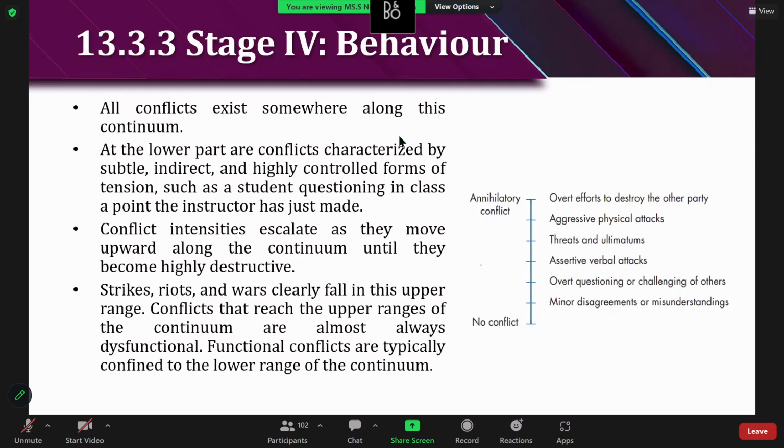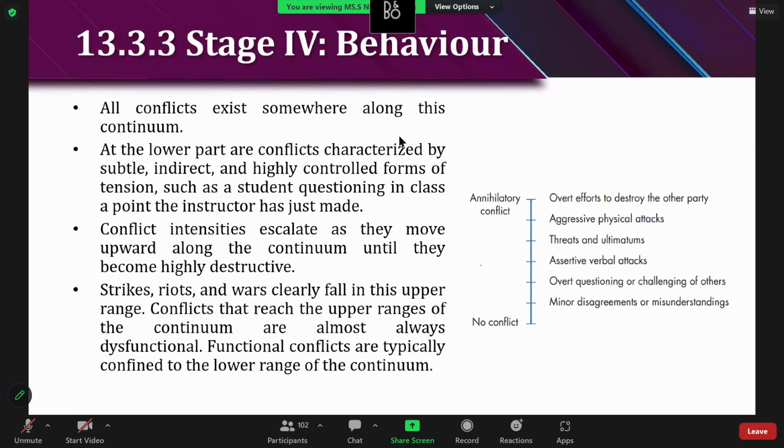So the next stage of this behavior is that they start questioning and challenging the other points of view. They are not readily agreeing with others' perspectives. They start questioning and challenging others' views, and the minimum level of behavior exerted by people is the minor disagreement or minor misunderstanding.